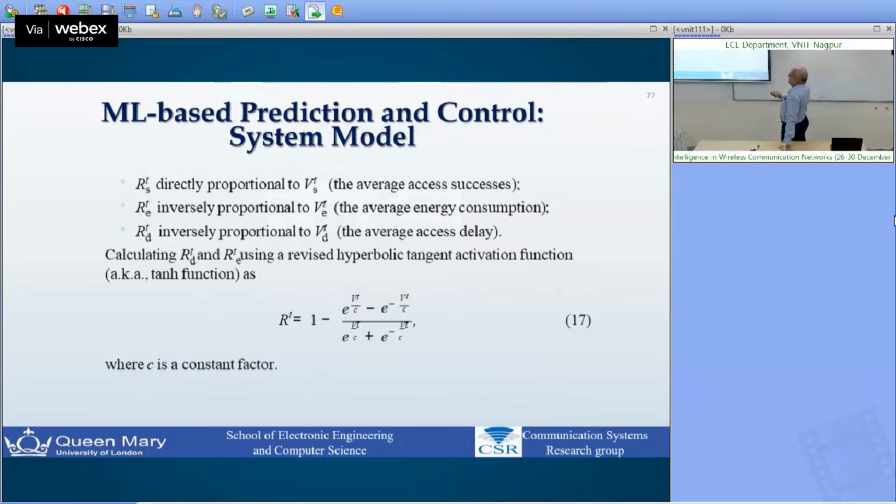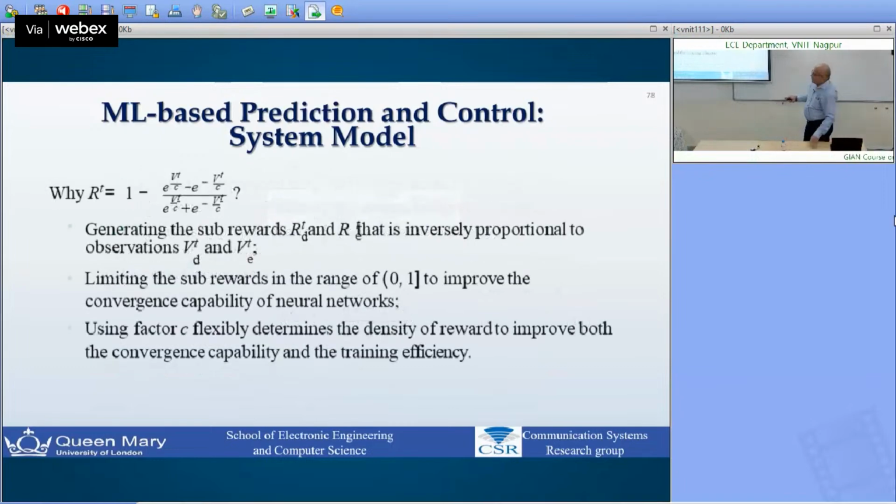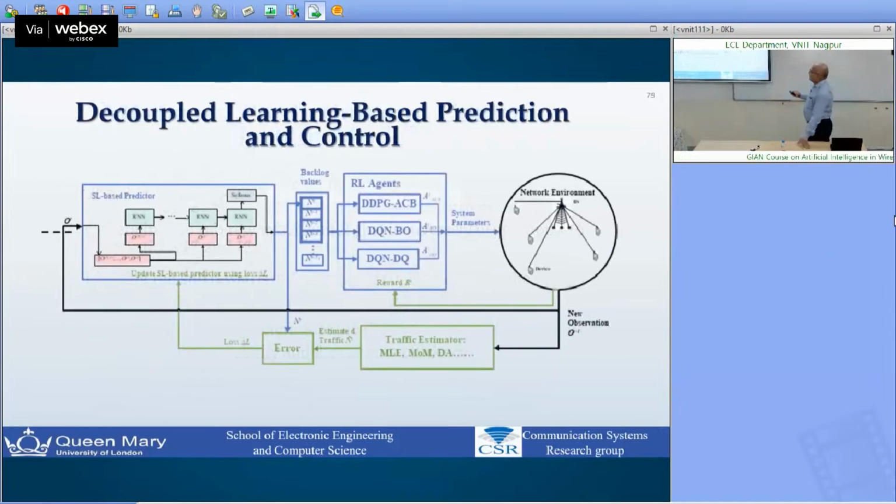By having this function, we have a relationship between 0 and 1: when the energy consumption is high, the reward is less. So this is the weighted reward, the reward function for the reinforcement learning agents. The hybrid reward.